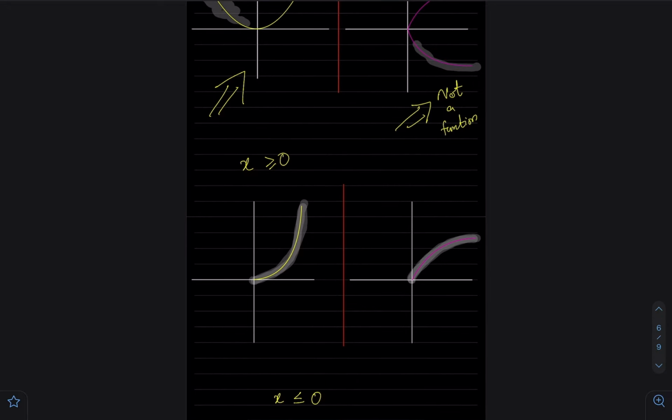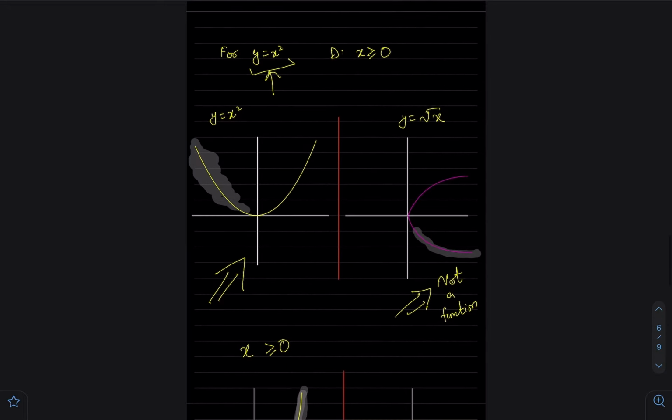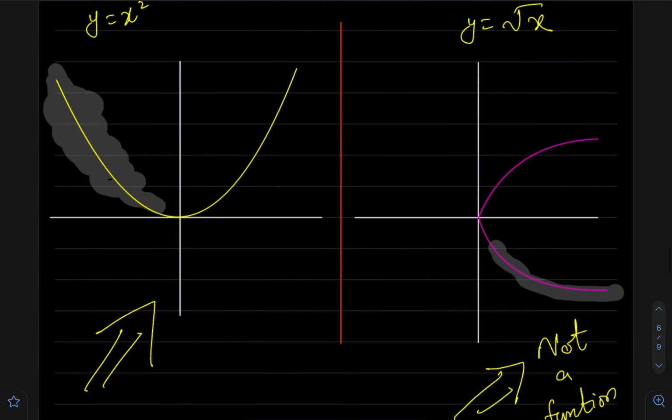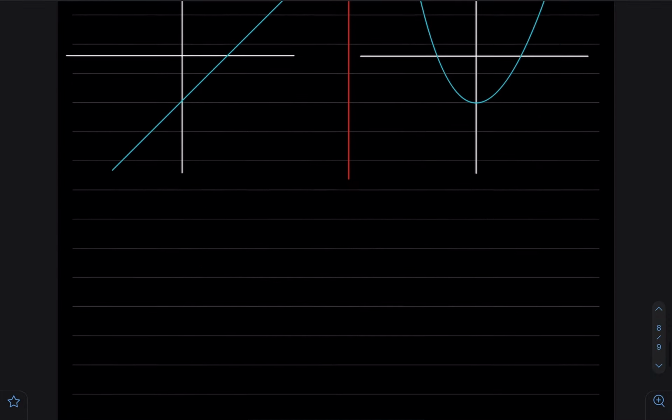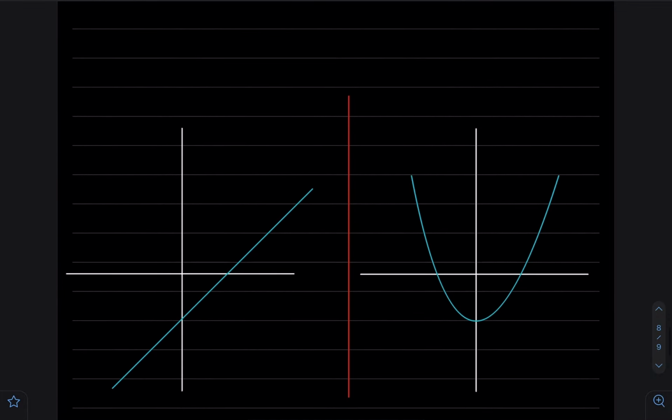And there's a test for it. As we saw, there was a vertical line test for functions. There is a test called the horizontal line test, to check if a function has an inverse or not. Now let's take a look at this. We'll apply a vertical line test for this.